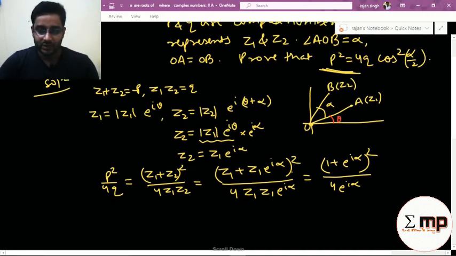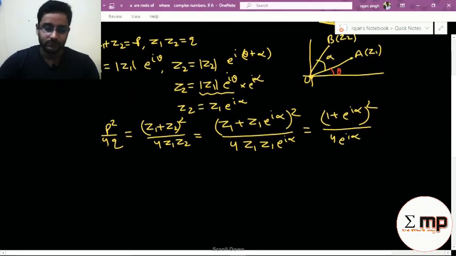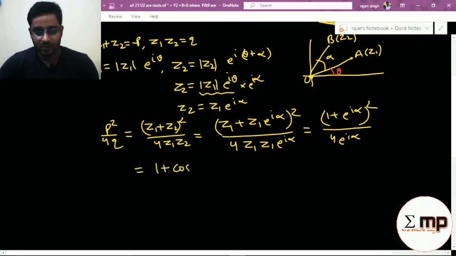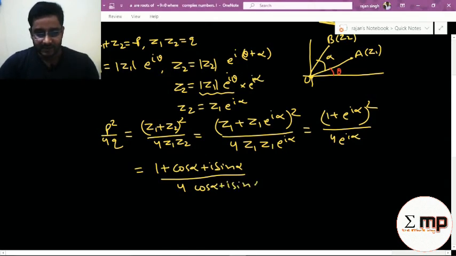I will solve it for you. One plus cos alpha plus iota sin alpha, whole square, divided by 4 times (cos alpha plus iota sin alpha). Don't forget the whole square.